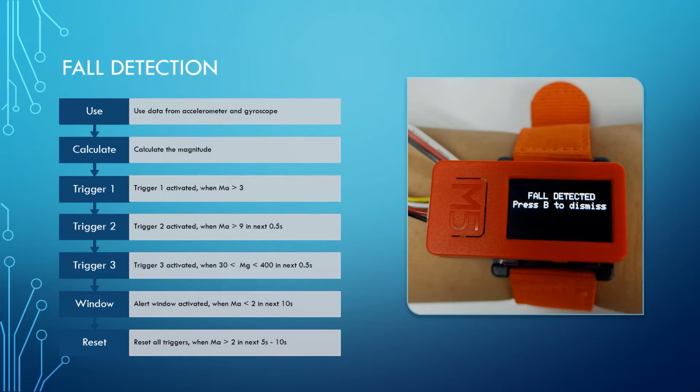In short, a valid fall will be detected if and only if all three triggers are activated. This makes our fall detection system more accurate. For example, in the prototype testing stage, out of 10 different types of falls, we could detect 9 successfully.